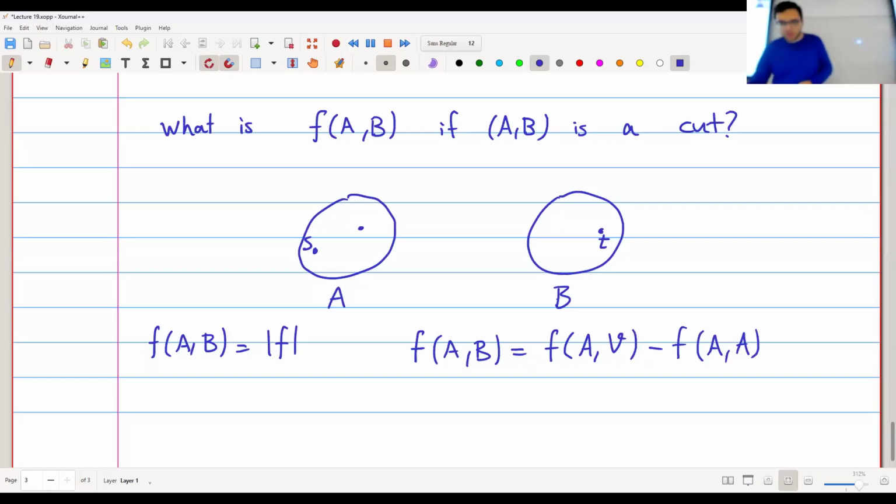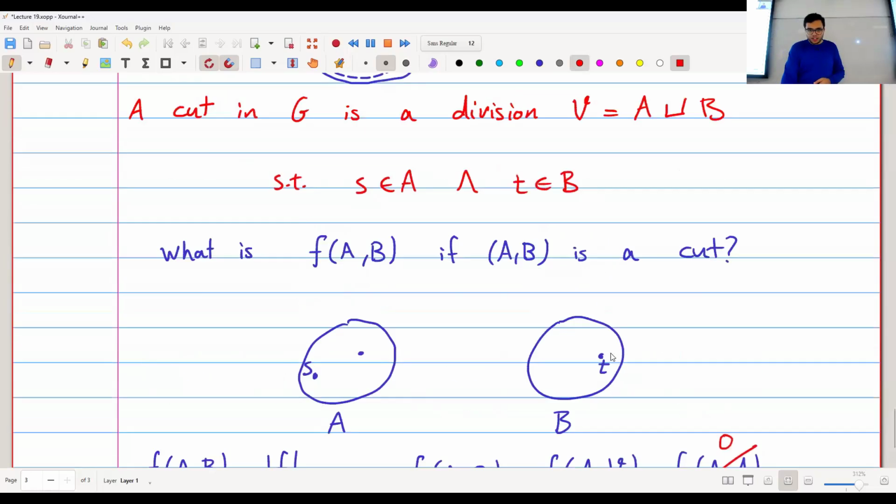Again, you can prove that very easily, just use the definition, but this is 0. The flow from any set to itself is 0. So this is the flow from A to all the vertices.